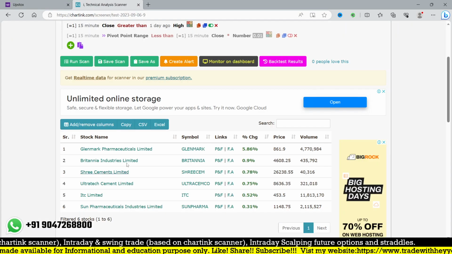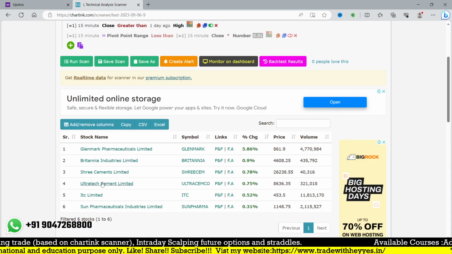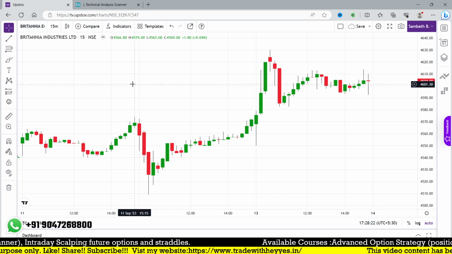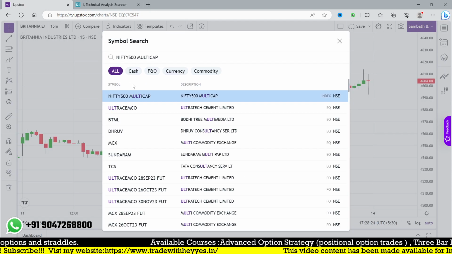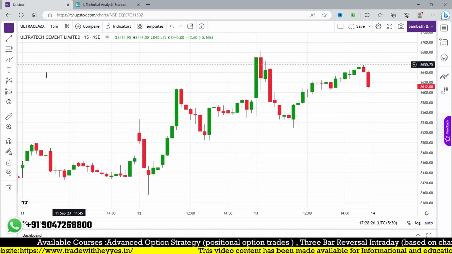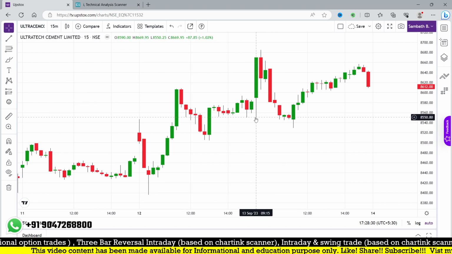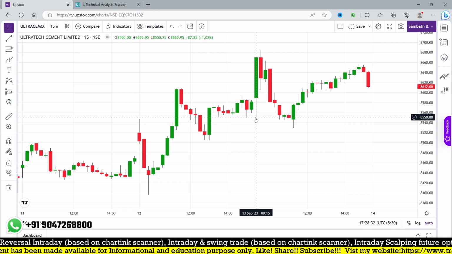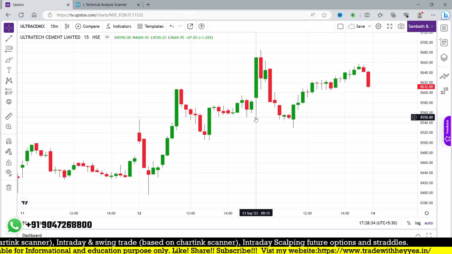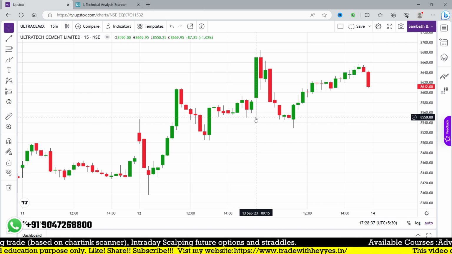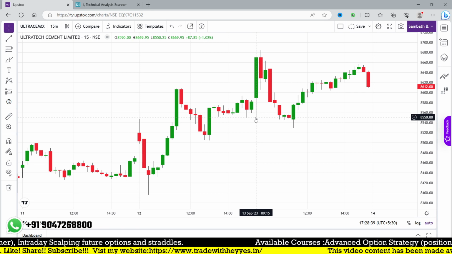In this case, we have Glenmark, Britannia, and Ultratech. Ultratech is not moving. It was a failure trade today as per the concept. The stock triggered your stop loss in the first 15 minutes, yet the stock is still available on this particular scanner. That is what is important, because of the condition we used, it never repaints.